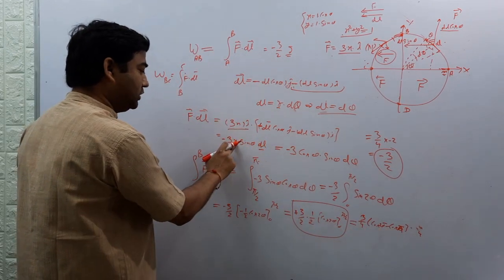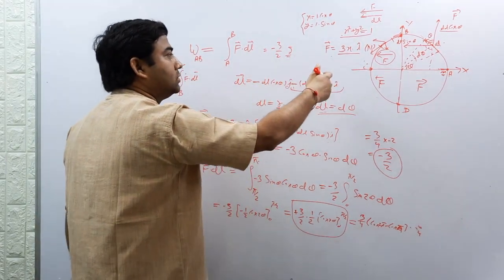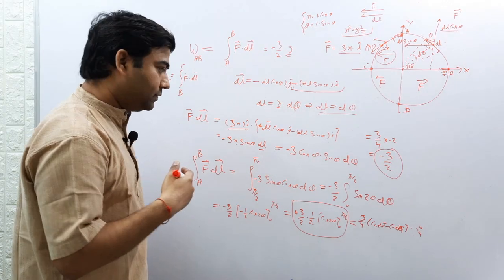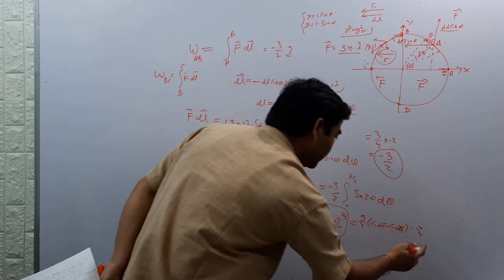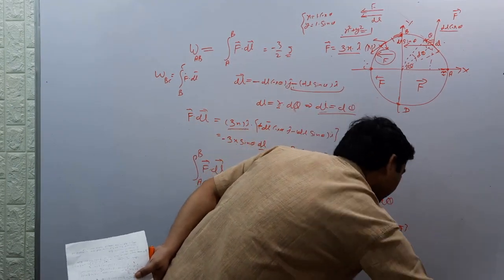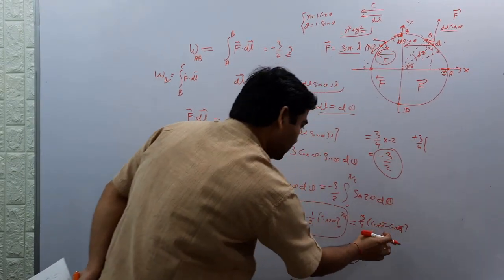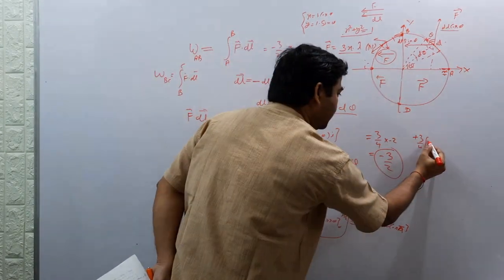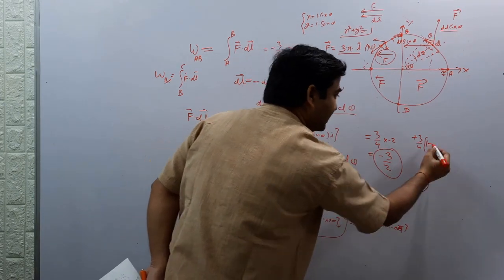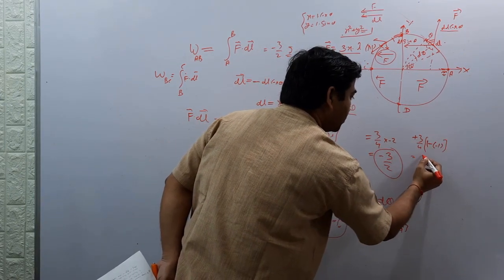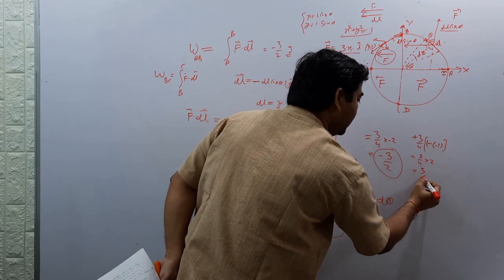Just remember, you need not put x negative because this is the general force at all points, so the limit will take care of the negative value of x. So this will be 3/4 plus 3/4, cos 2 pi is 1, minus cos pi is minus 1. So this is 3/4 into 2, which is equal to 3/2.